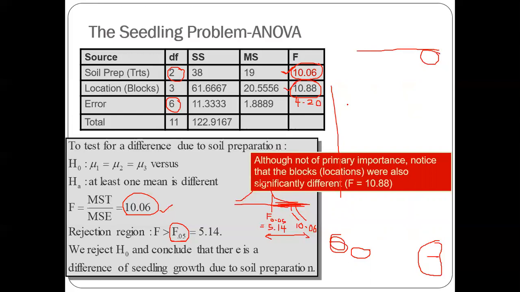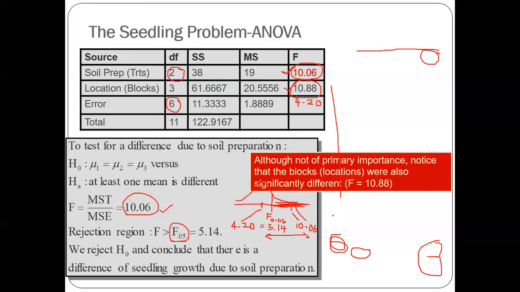So that means the F statistic for treatments falls in our rejection region. But now the F statistic for block, because that is 4.20, is something around here. So it shows that it does not fall in the rejection region, isn't it? So what are we going to do if this situation occurs?